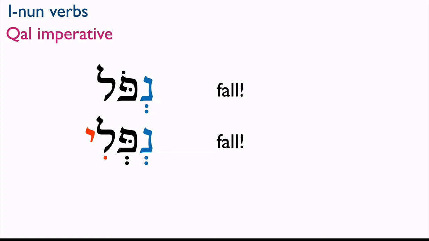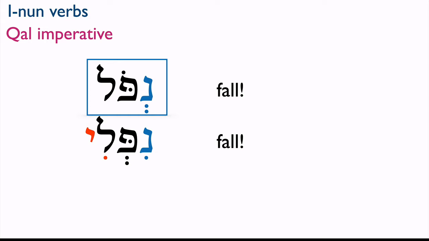So the way to say fall, in a hole, buddy, is to just say nephol. And for the female form, we would say nifli. So you're still just getting rid of the preformative, but in the case of this imperative, the nun reappears.